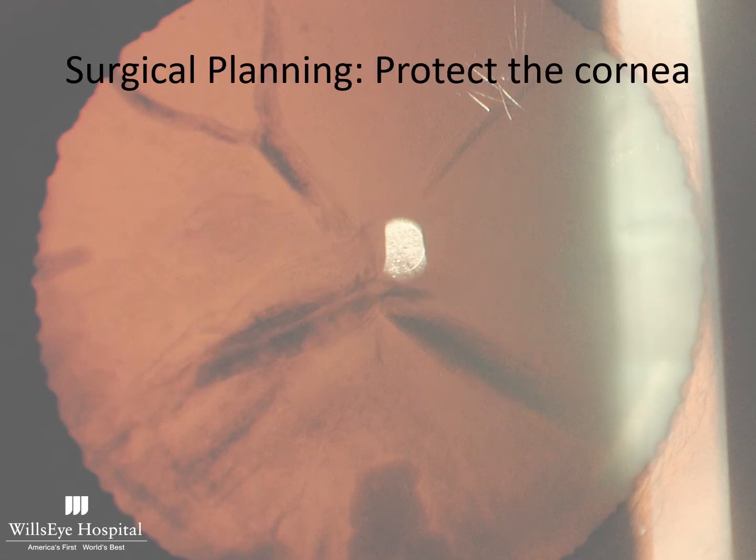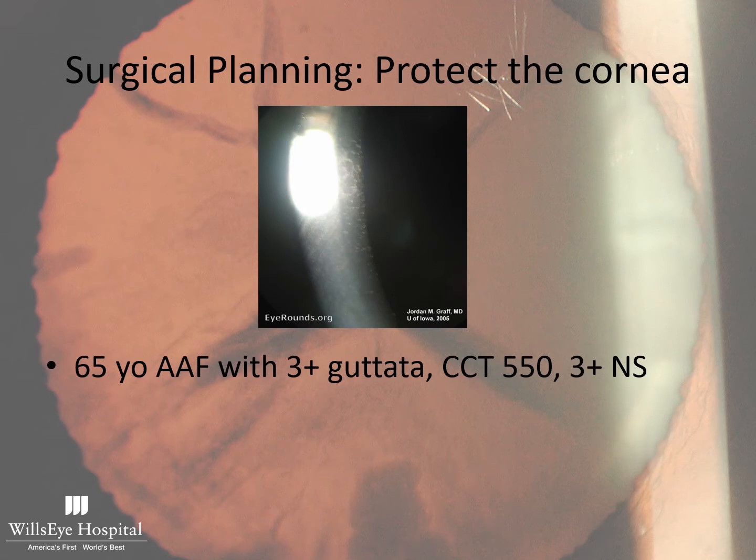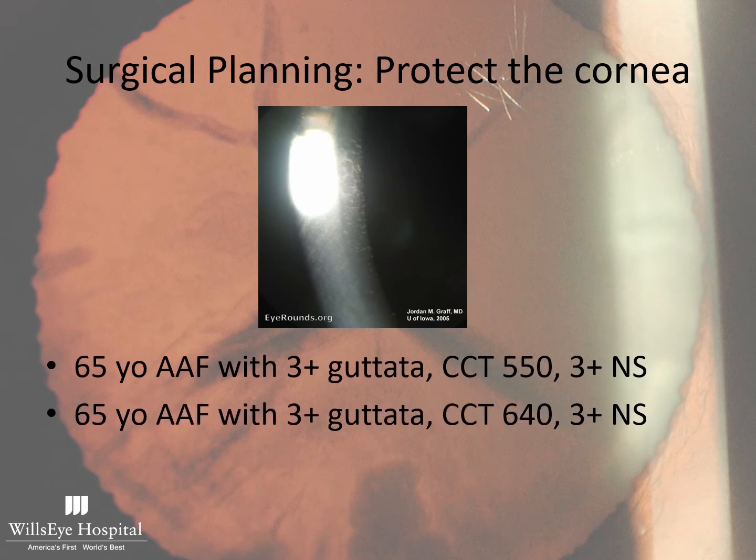All right, other things you want to think about are to protect the cornea. So two totally different cases with maybe similar exam. It's important in patients with significant guttata to check the pachymetry. Many optical biometers give this to you on your measurements, but you can also check central pachymetry with an ultrasound.